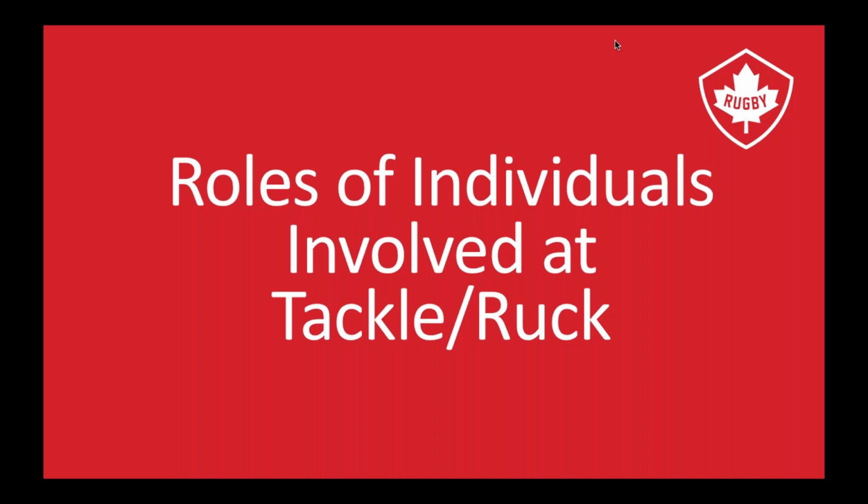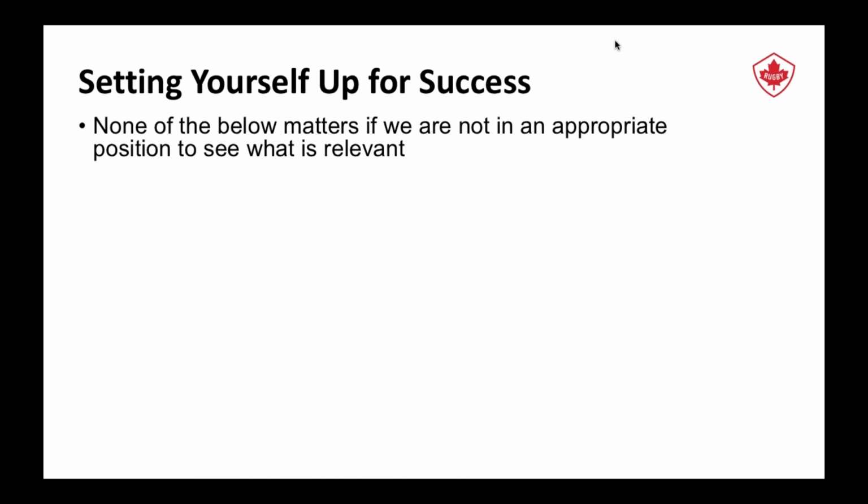So we're going to get into some discussion, hopefully some video analysis and discussion, around the roles of individuals who are involved at the tackle ruck. First, though, I do want to emphasize how much we want to work on setting ourselves up for success. None of what we're going to discuss throughout the rest of the evening really matters if we're not in an appropriate position to see what is relevant.